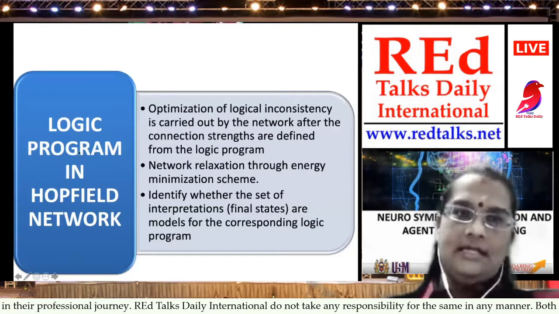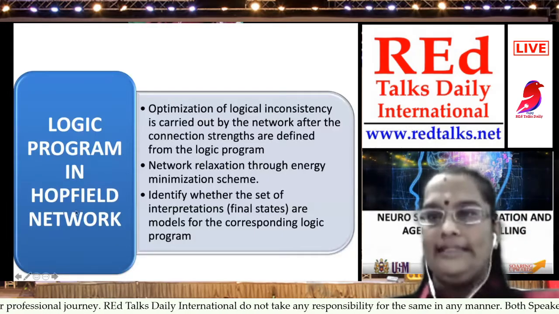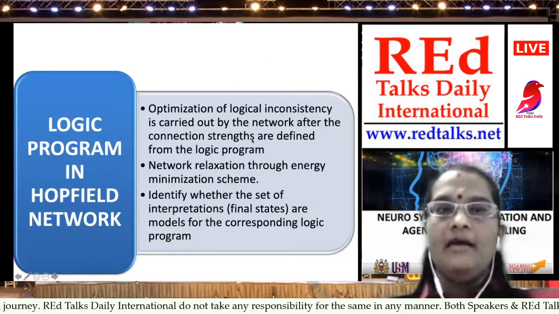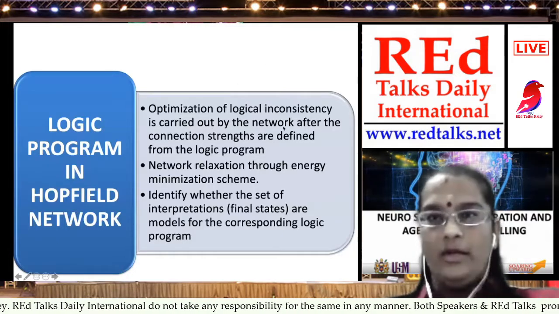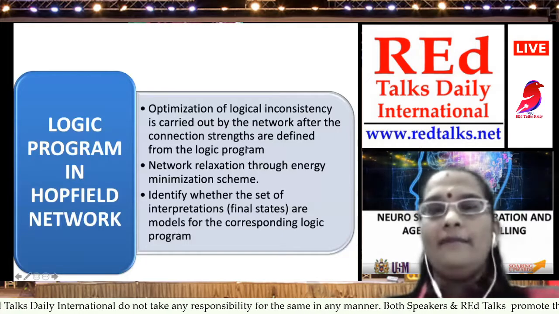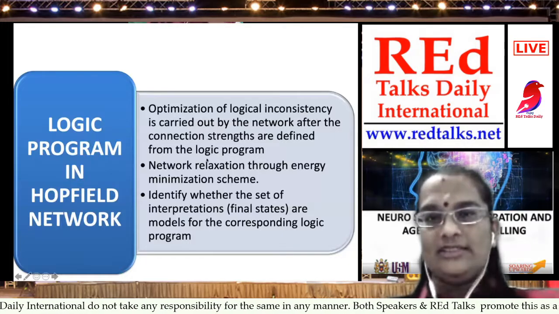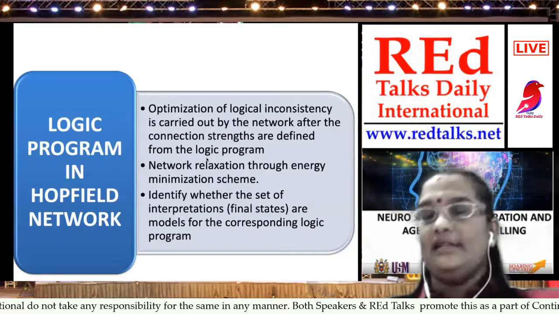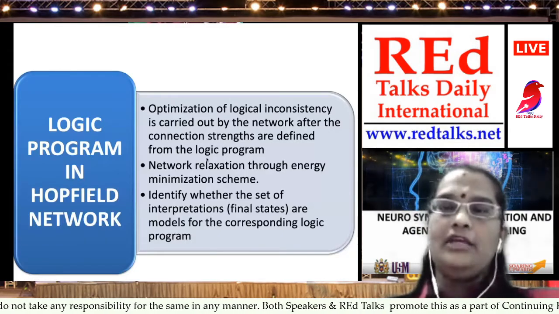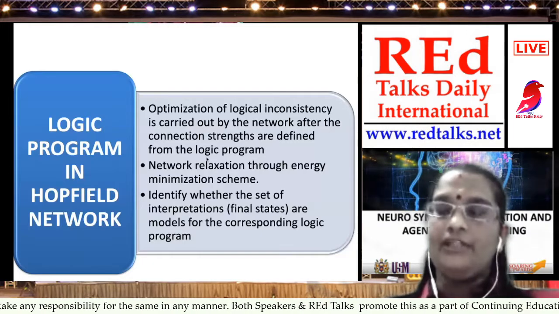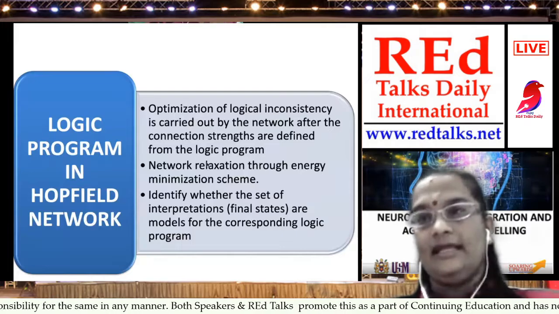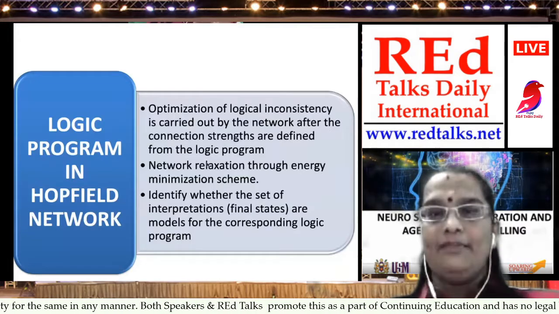So let us see how this neurosymbolic integration is being implemented, that is logic programming with the Hopfield network. What I do is optimization of logical consistency, which is carried out by the network after the connection strengths are defined. That means I equate the energy function with the cost function, and I calculate the corresponding synaptic weights.